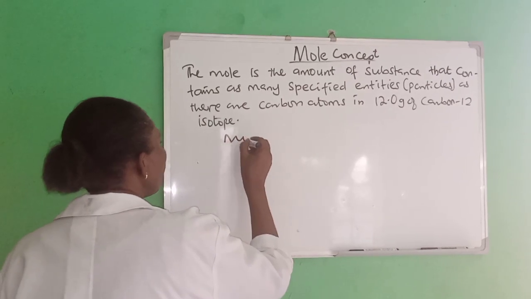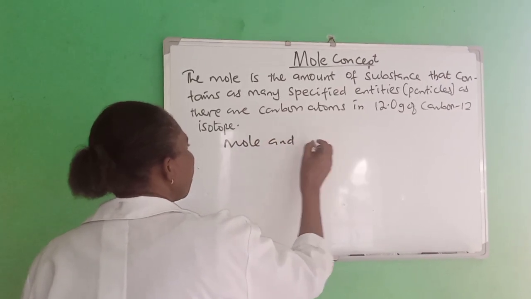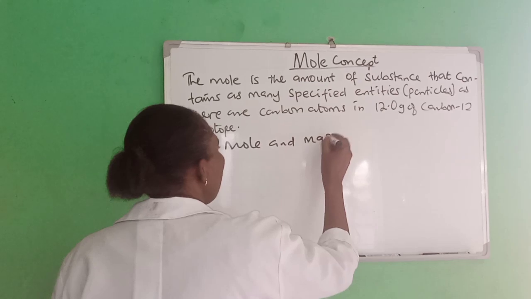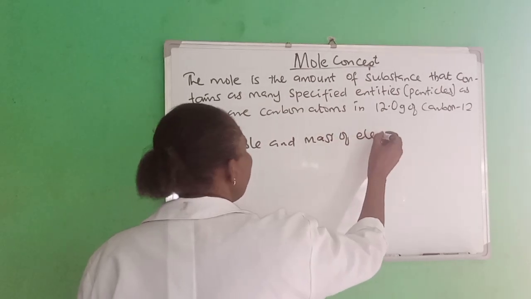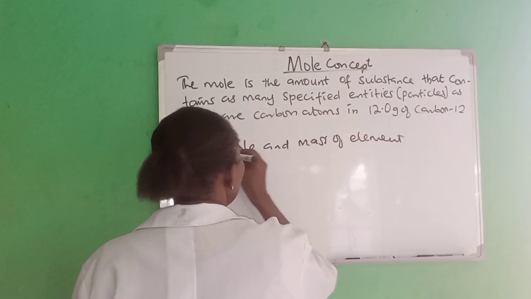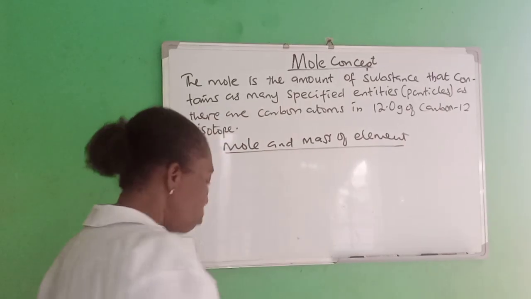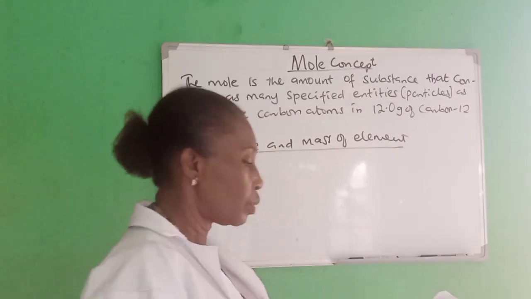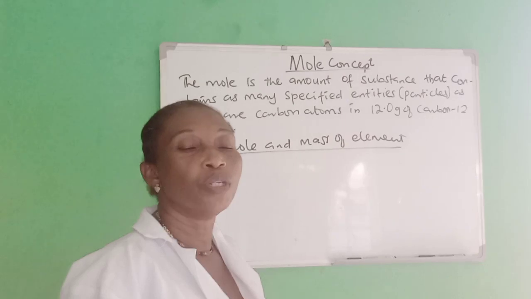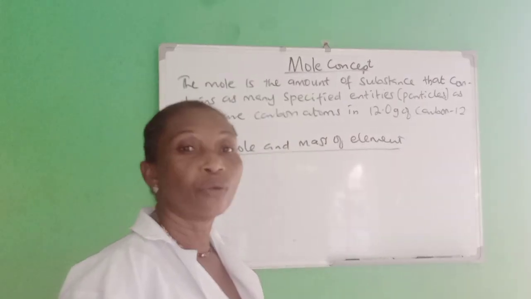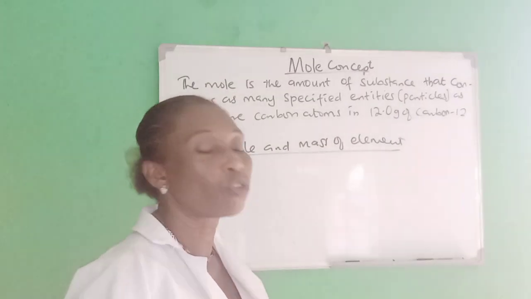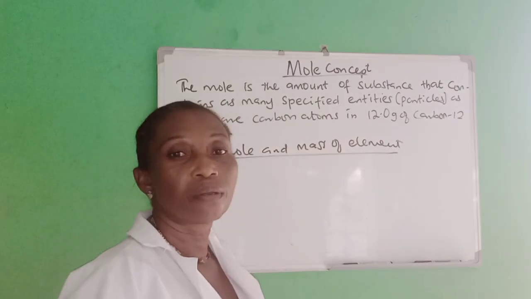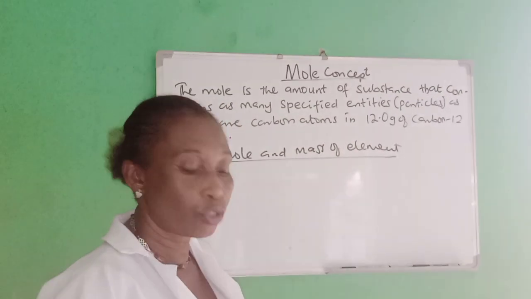Mole and mass of elements. Remember we said the mole could be used to determine the quantity of atoms, ions, molecules, or electrons.